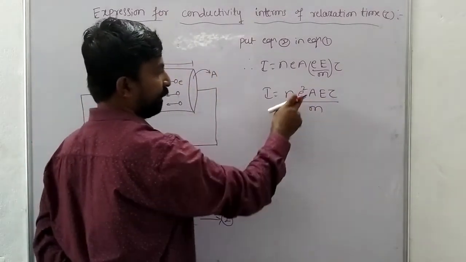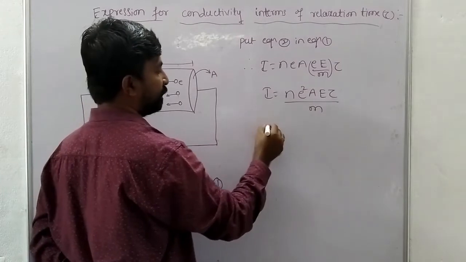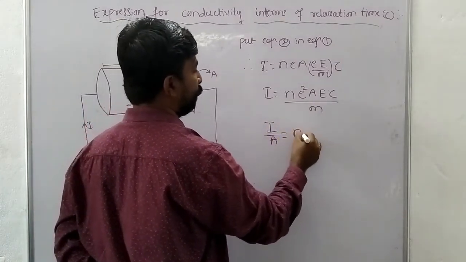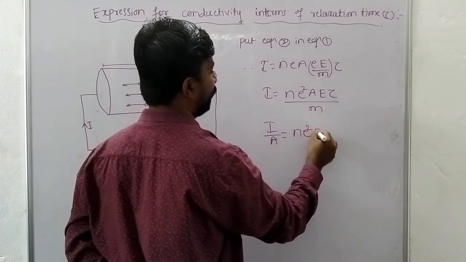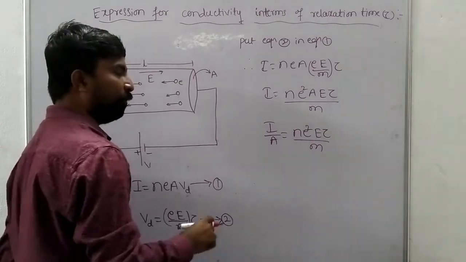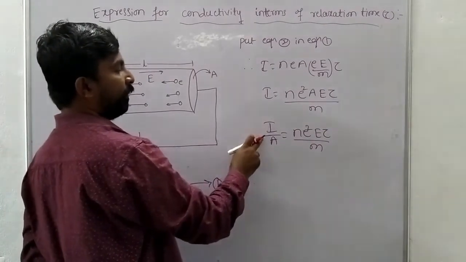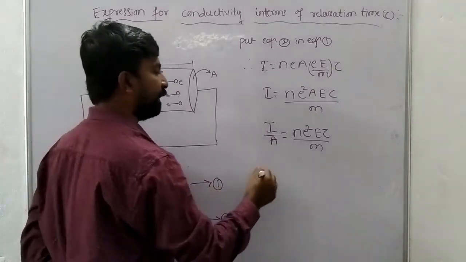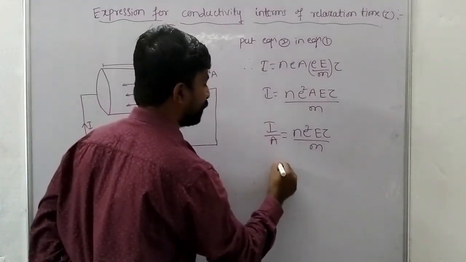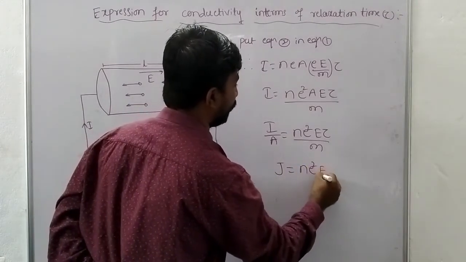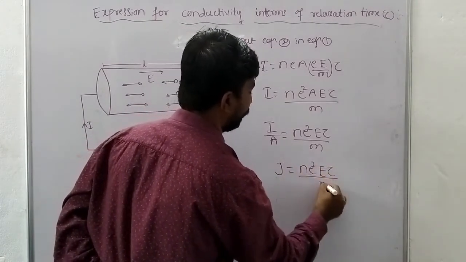Then rearrange this equation: I by A is equal to N e square E tau by m. Already you know the electric current per unit cross sectional area of the conductor is called current density. So we can write J is equal to N e square E tau by m.